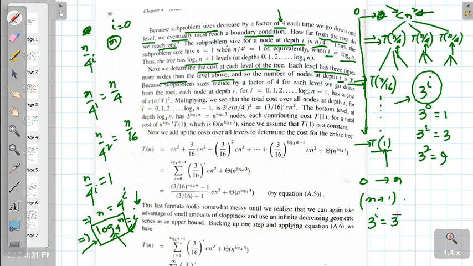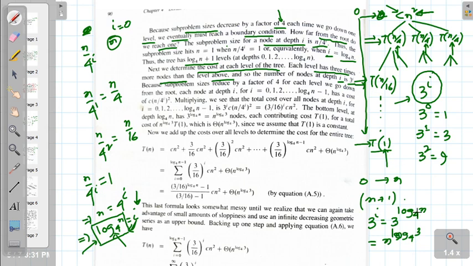Plugging that value in, it is 3 power log n base 4. Now exchanging this 3 and this n, it will be n power log 3 base 4.